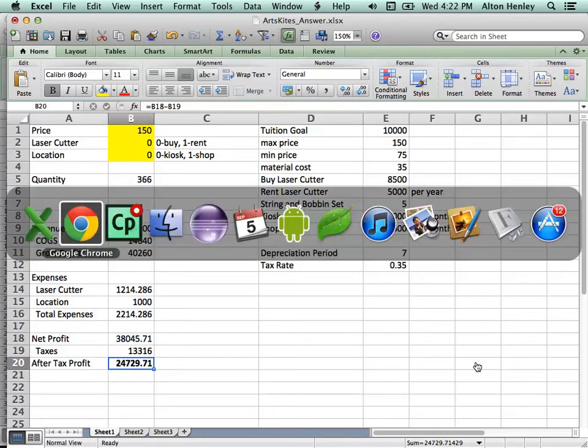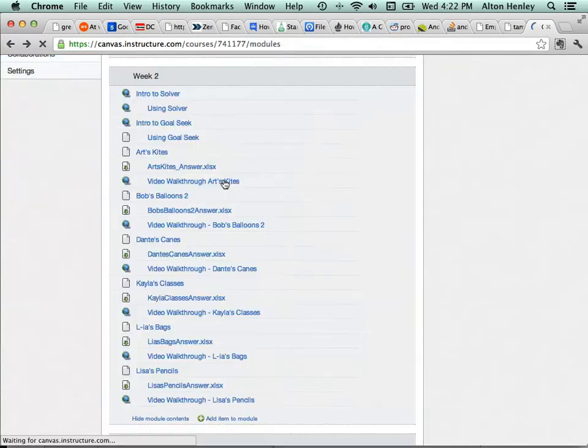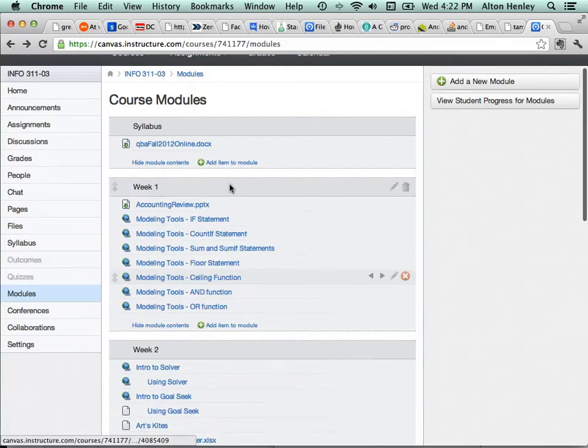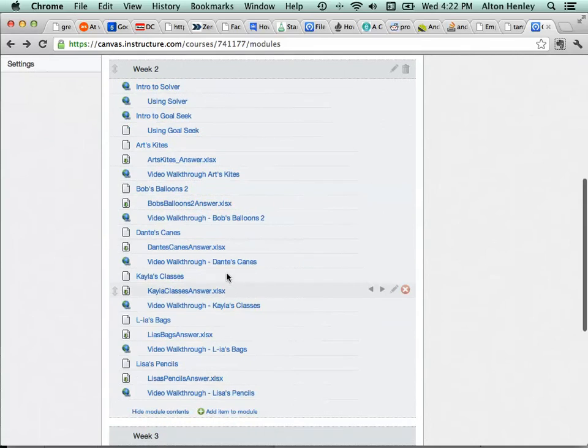Now, when you're looking at this information, what you're going to want to do is view the videos, and view them several times if you need to, for the week, and then go into the cases and try the cases first without looking at the answers.